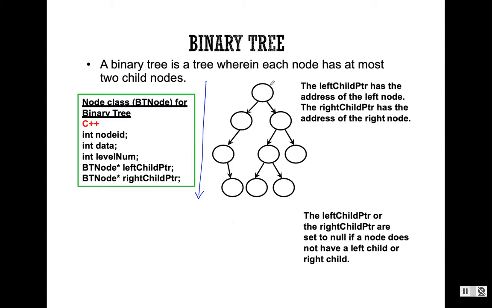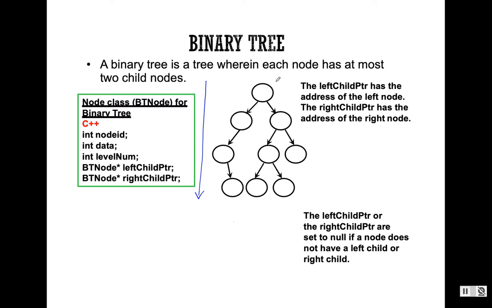Now if we look at the node, each node is going to have a node ID, and each node is going to be connected with a left child and a right child.